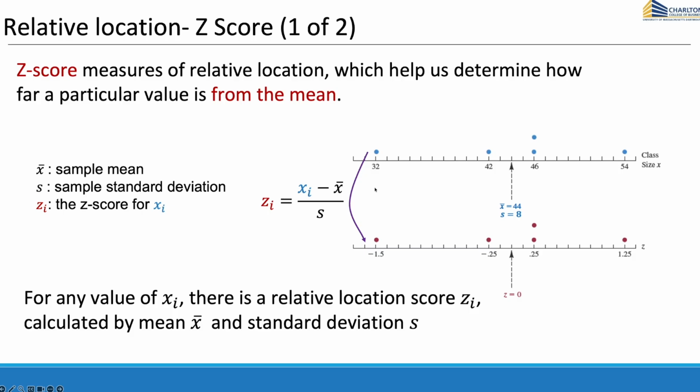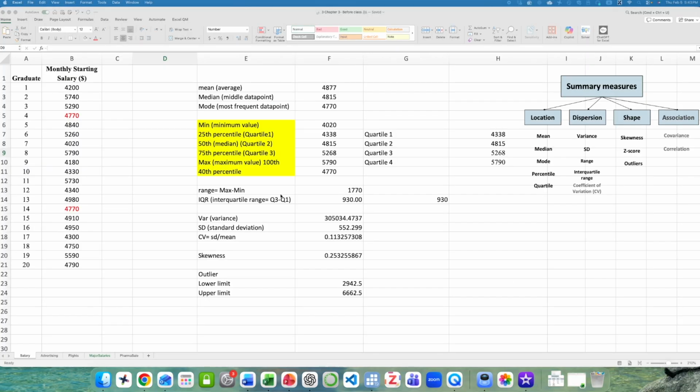In order to calculate the z-score for each data point, we calculate the deviation of the data value from the mean, and we divide it by the standard deviation. This is basically the distance of each data point from the mean of the data set in terms of the number of standard deviations. Now let's look at Excel and see how we can calculate the z-score.